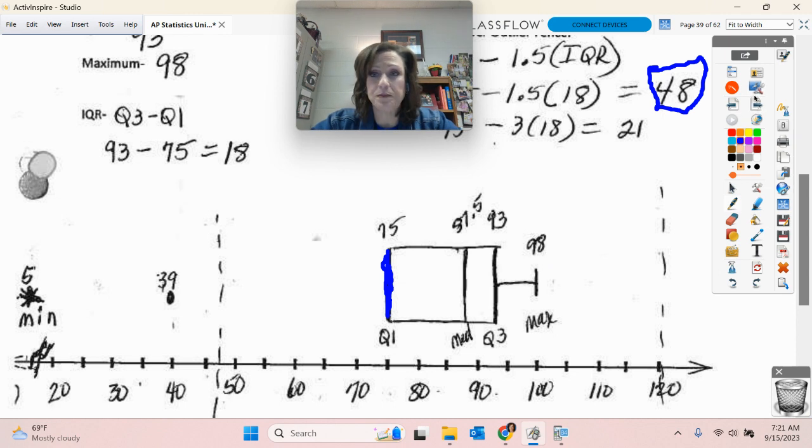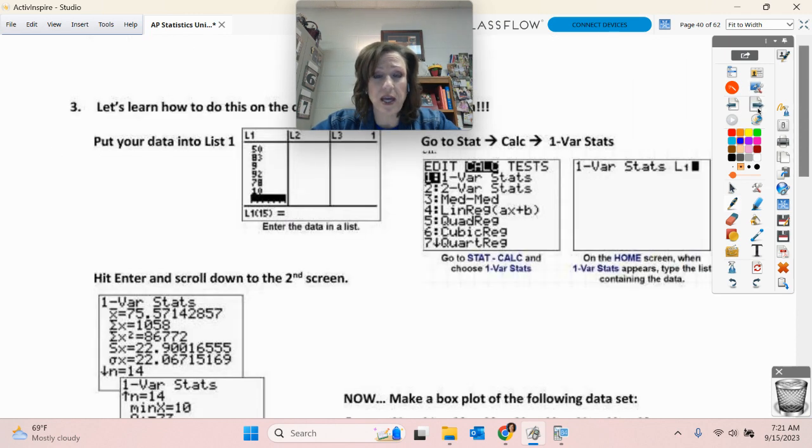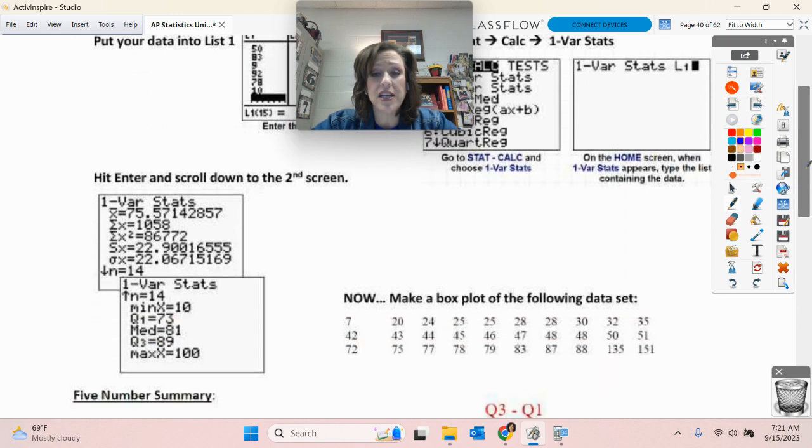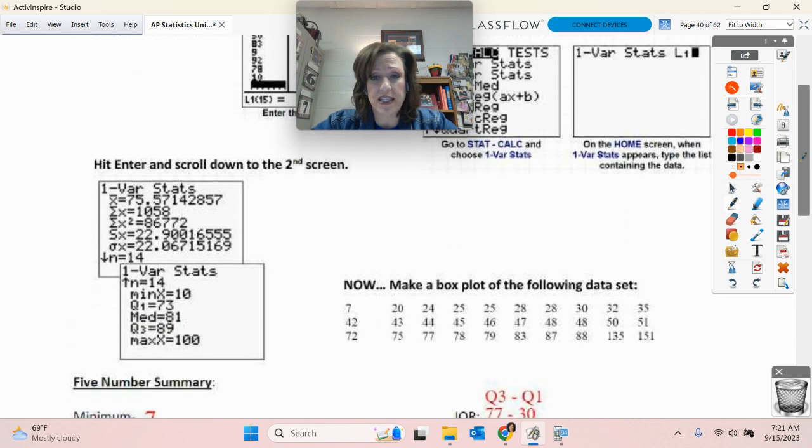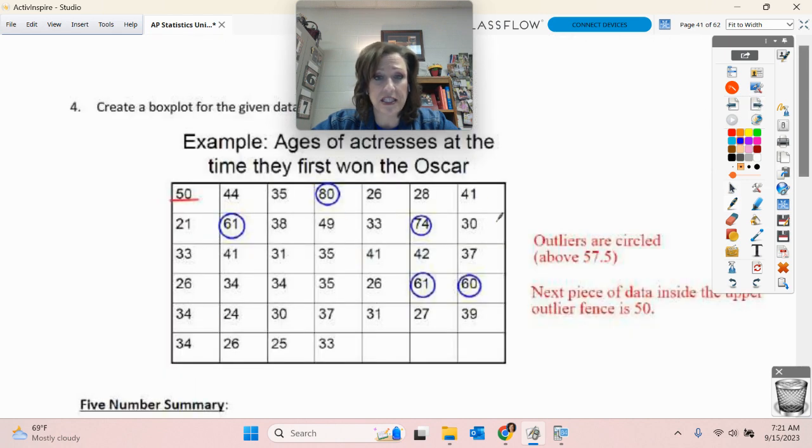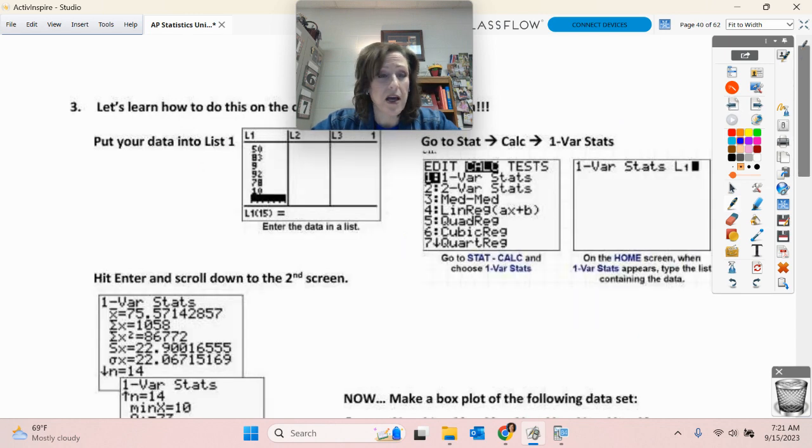All right, this next one is in place so that you can learn how to put larger data sets in the calculator. You definitely need to do that with larger data sets. I expect you to do that on this one and on this next one here. So here's how you do that. In your TI calculator, you're going to put your data in list 1. I actually found that some people didn't know how to do that.